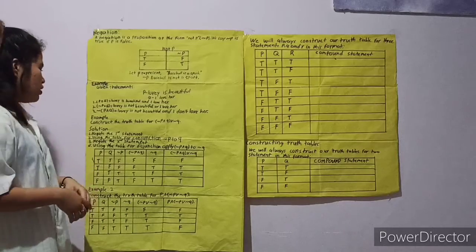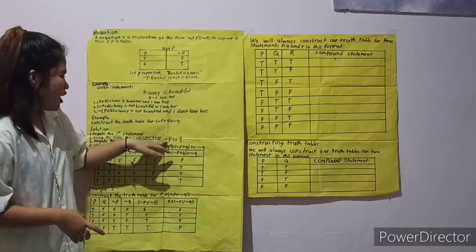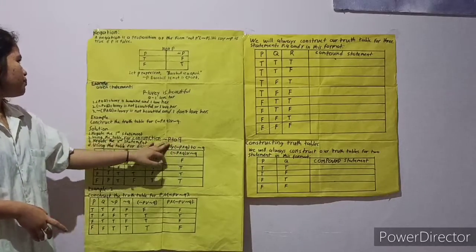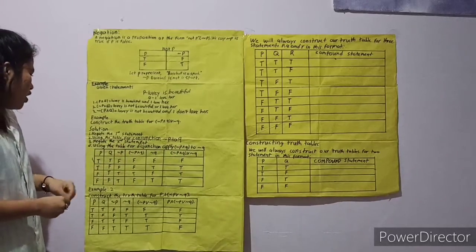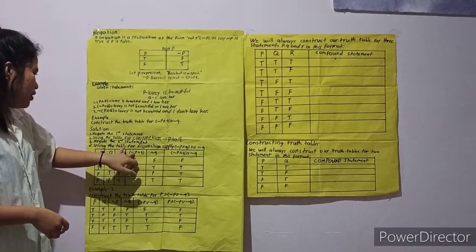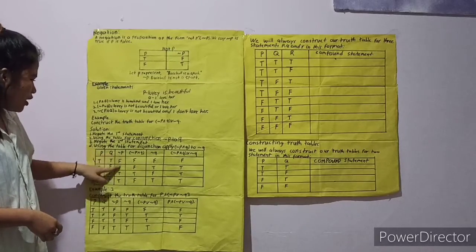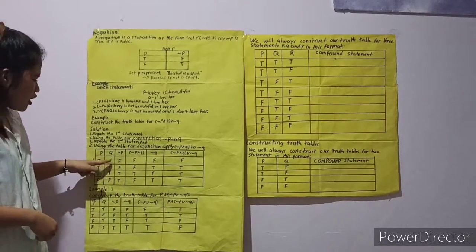Next, solutions. Using the table for conjunction, negation of P and Q. We have here the negation of P and Q. This one and this one.